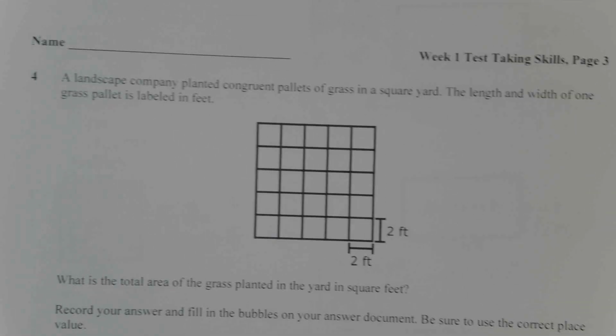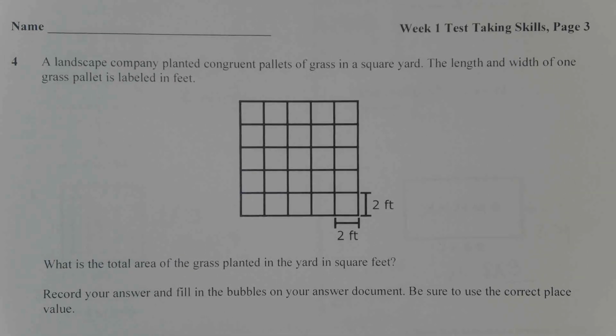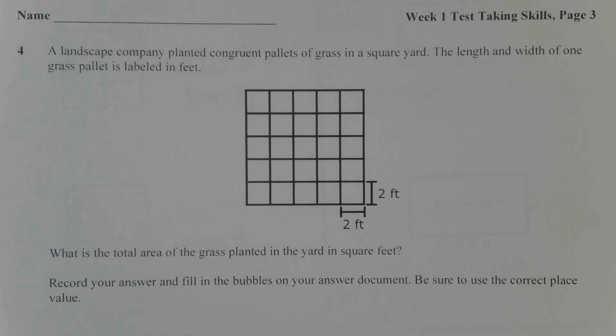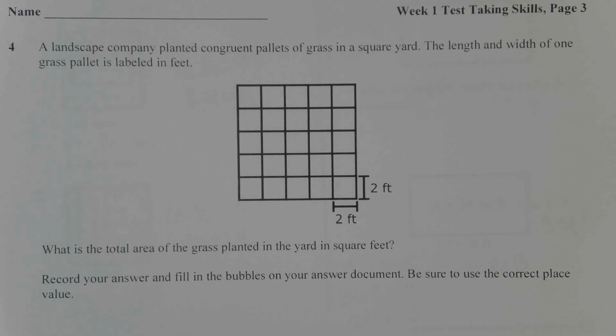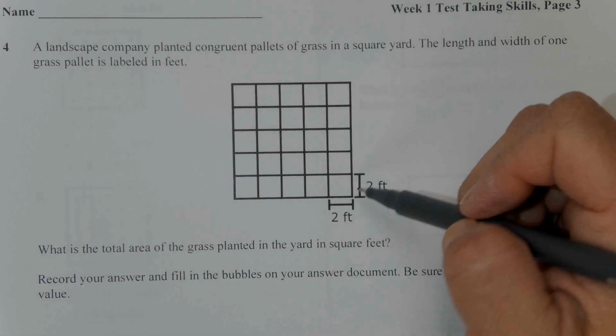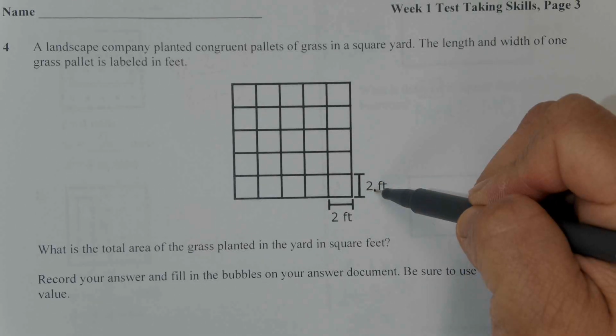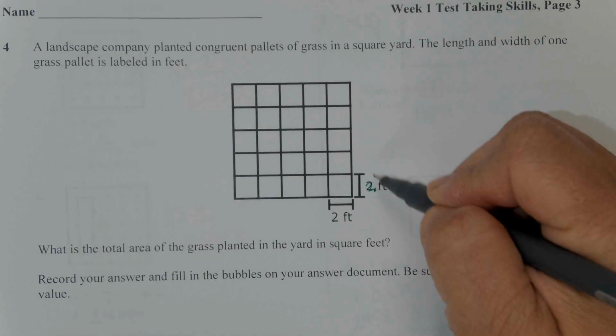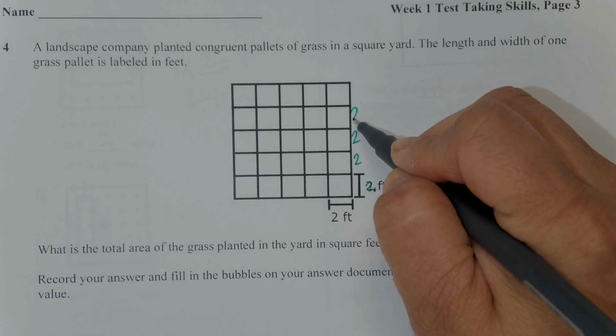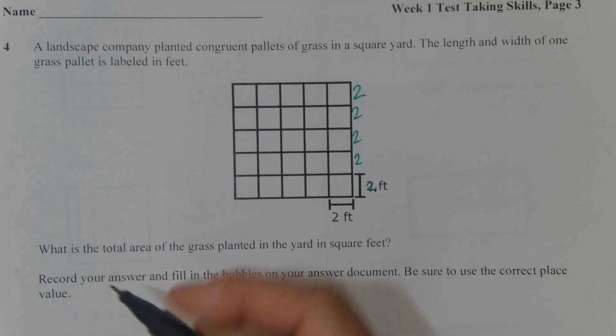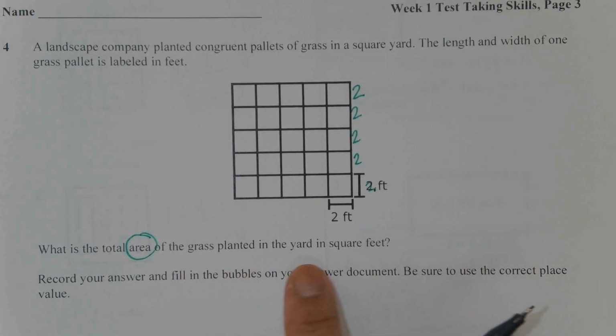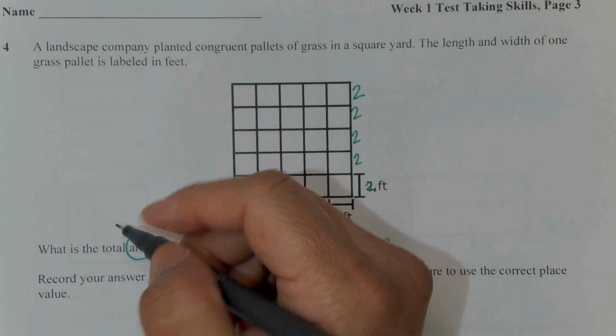Number 4, a landscape company planted congruent pallets of grass in a square yard. The length and width of one grass pallet is labeled in feet. Now look at this one, boys and girls. Each of these is 2 feet. So we can put 2, 2, 2, 2, and 2 because we're finding the total area of the grass planted in the yard in square feet.